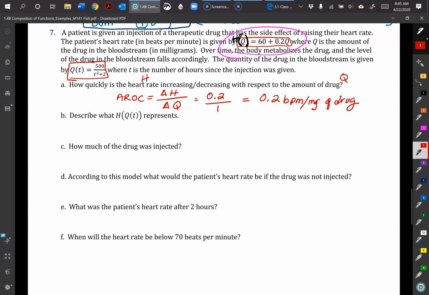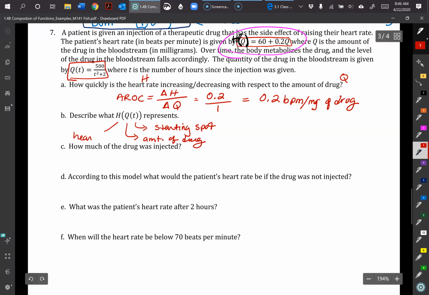So this is the composite that relates the heart rate to time. So we kind of have to get the time factor in there, and this is how we're going to do it. So this is our starting spot. It's the time that's passed. And then Q is our amount of drug. And then finally, the outer function is going to be our heart rate in beats per minute.